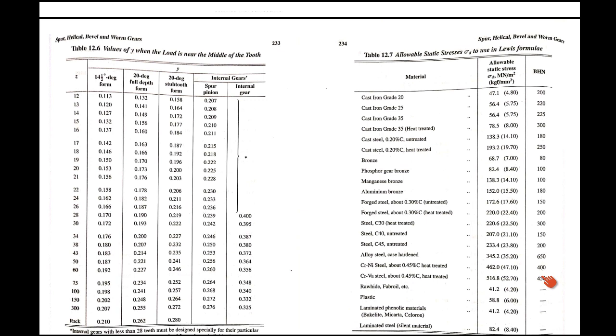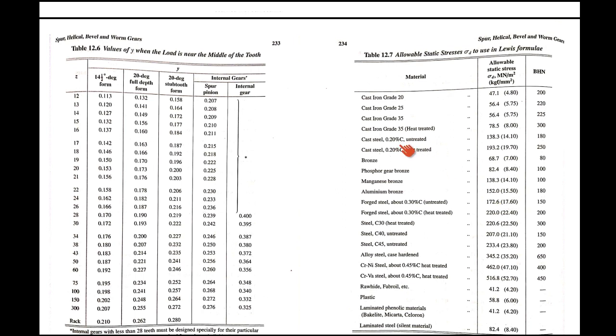So if the material is specified in the question, we have to use table 12.7 and note down the allowable stress values sigma 01 and sigma 02. 1 indicates the pinion and 2 indicates the gear. So sigma 1 indicates the allowable stress value for the pinion and sigma 2 indicates the allowable stress value for the gear.